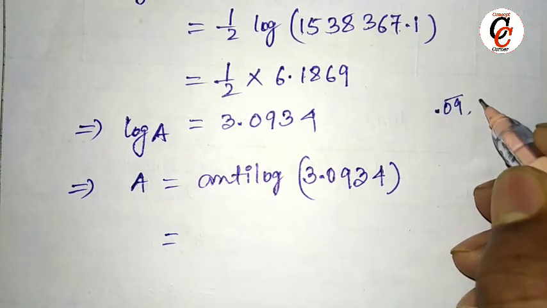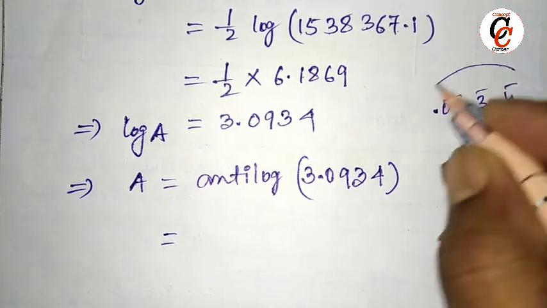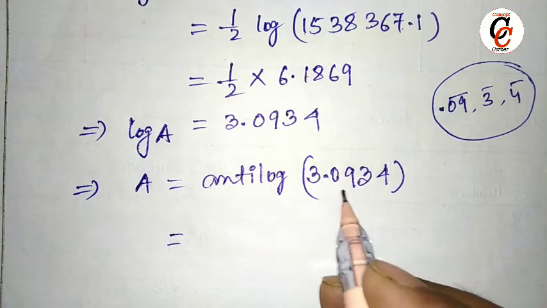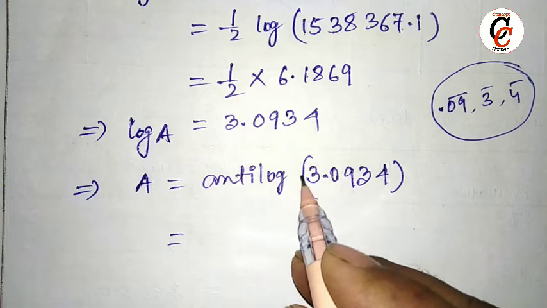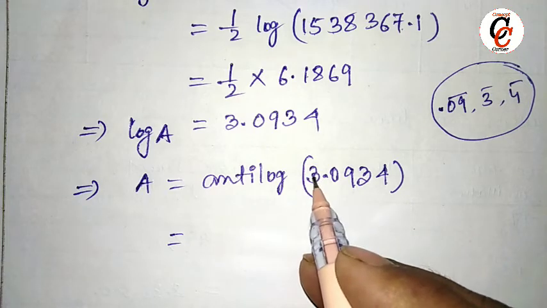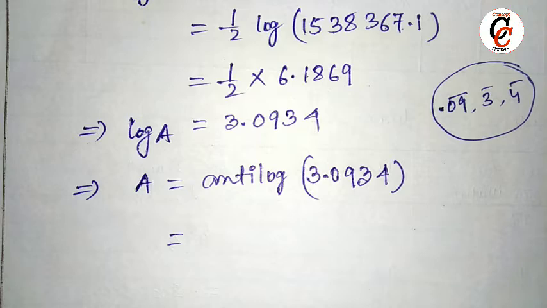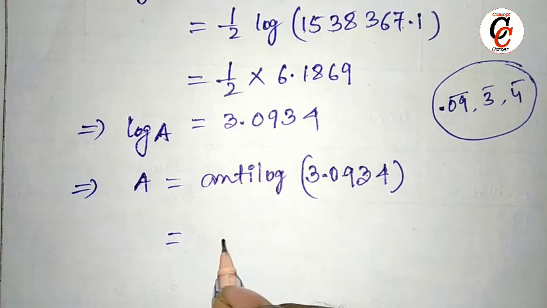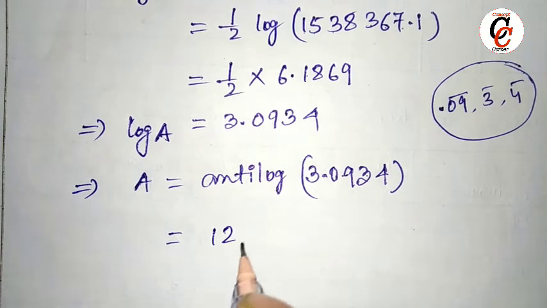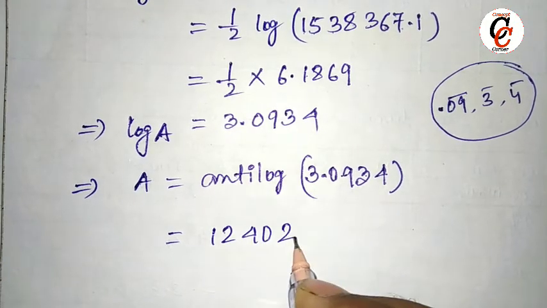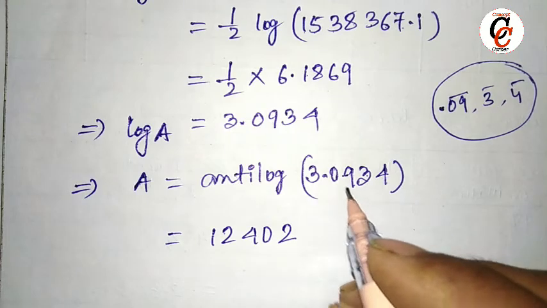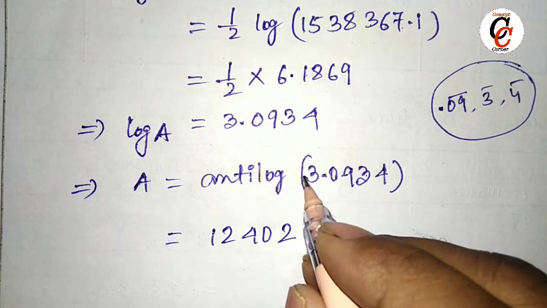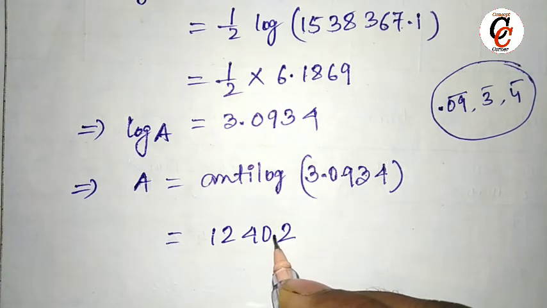So now we have to find A, since we are going to find the area. So to cancel log, we have to take antilog. When we take antilog, this log will be cancelled. So A will be equal to antilog of 3.0934. Now in this case 3 is the characteristic and we have to see the 09 number row and 3 number column and then 4 number column in the antilogarithmic table.